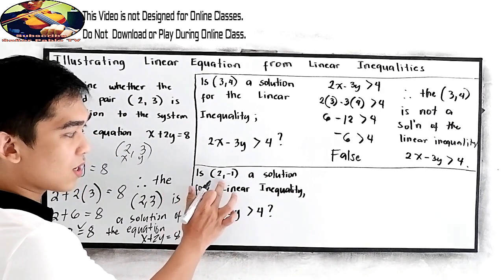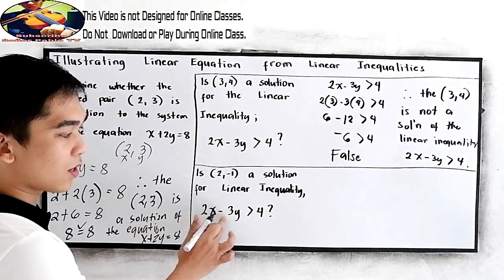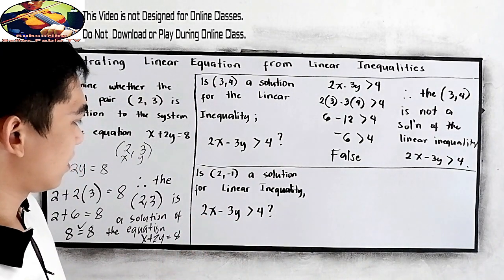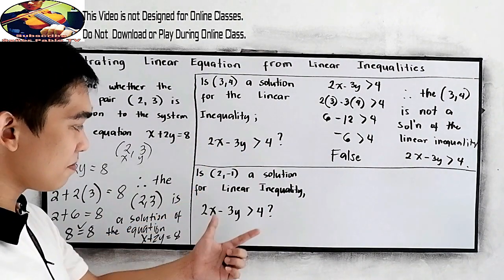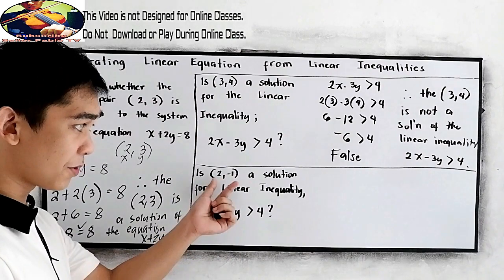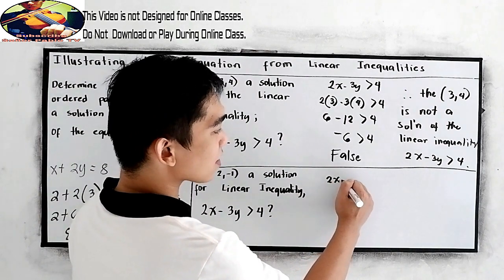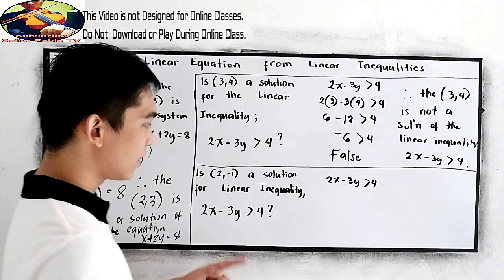Is 2, negative 1 a solution for the linear inequality 2x minus 3y greater than 4? The same inequality, but we're going to test this ordered pair. So we have 2x minus 3y greater than 4.